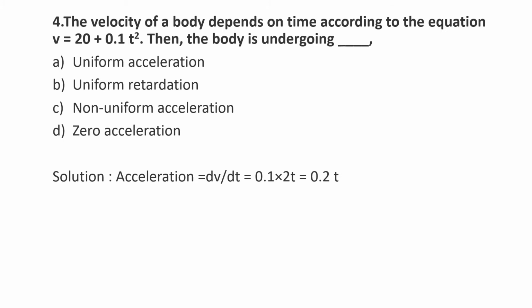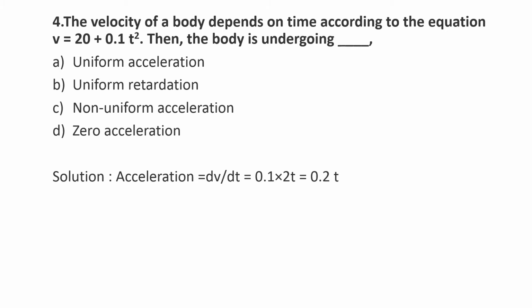respect to time. So differentiation, you know the formula for differentiation of x to the power n with respect to x. That formula you have to use to differentiate this t square term. So differentiate dv by dt, which is equal to differentiation of this equation. So in this equation, differentiation of 20 becomes 0. Remaining is differentiation of this 0.1 t square.